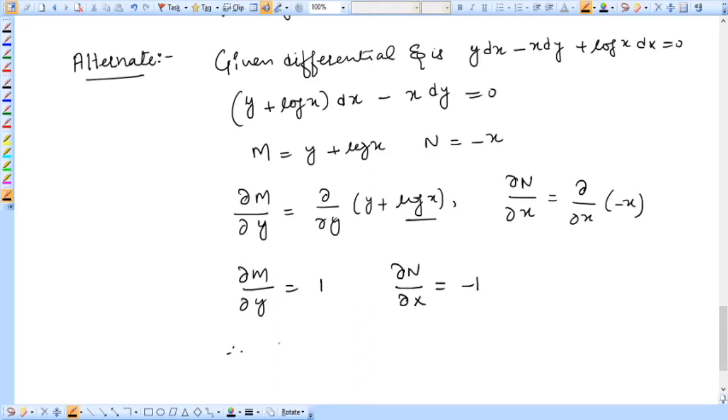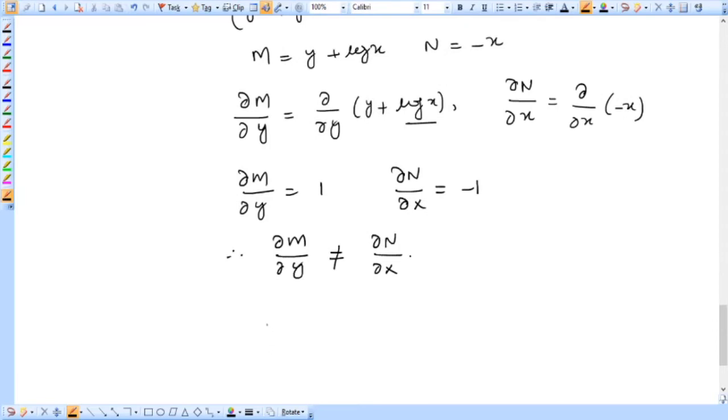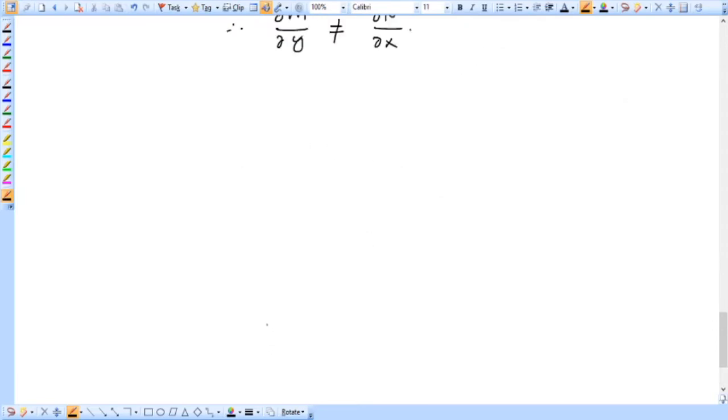Therefore ∂M/∂y is not equal to ∂N/∂x. Thus the given differential equation is not exact.